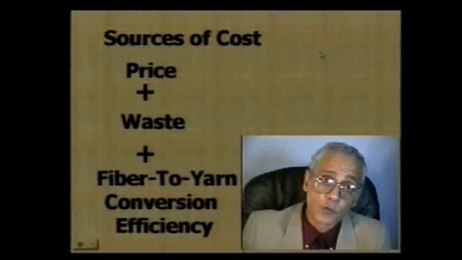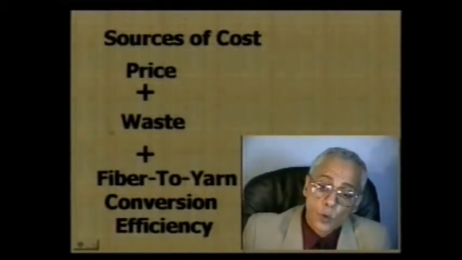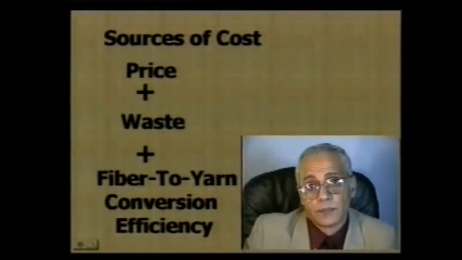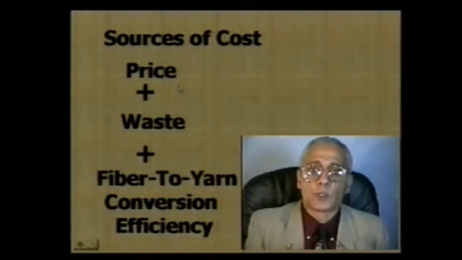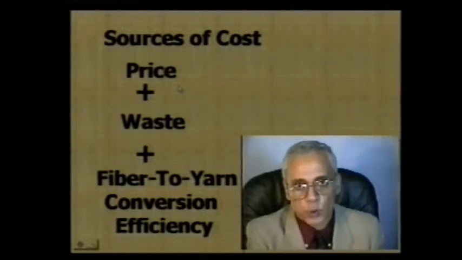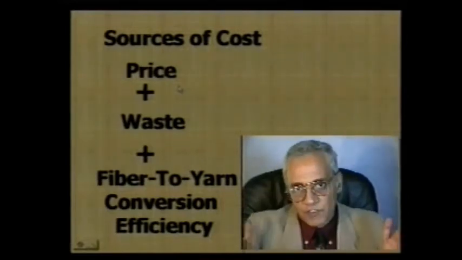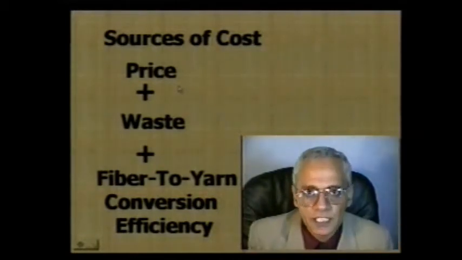So sources of cost of raw material involve price, waste, and the fiber to yarn conversion efficiency. You need to look at this very carefully, because for a company producing a certain product, when they go out and shop for raw material, they have a very narrow range of raw material. They know exactly what raw material they need.